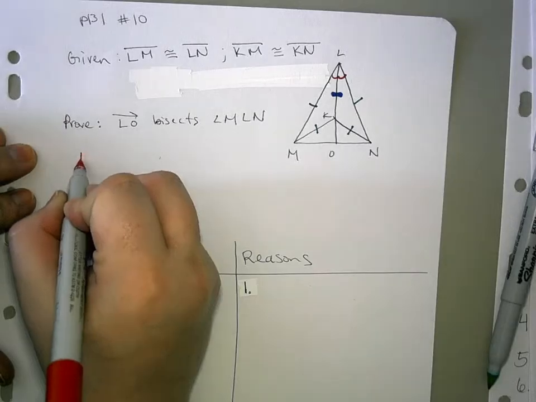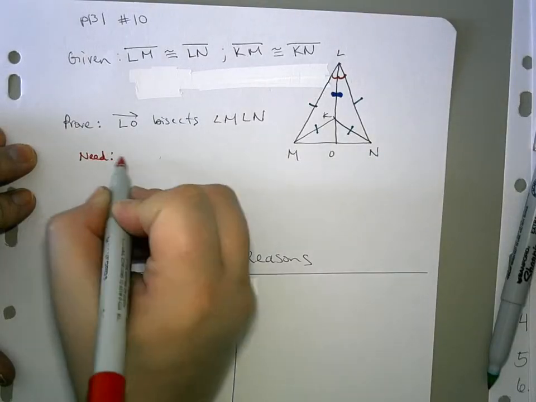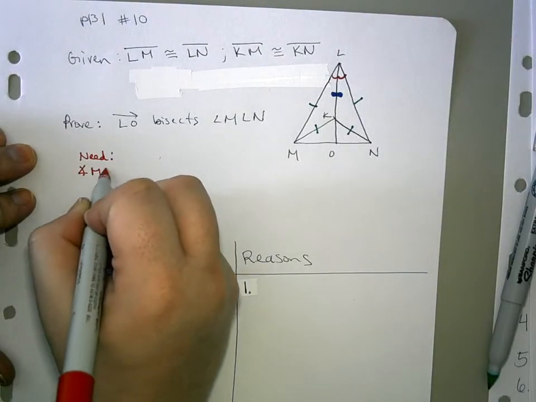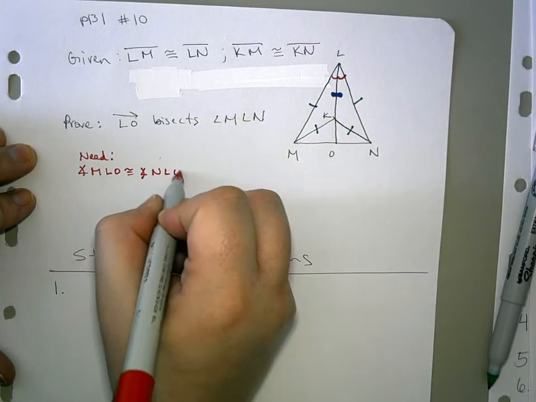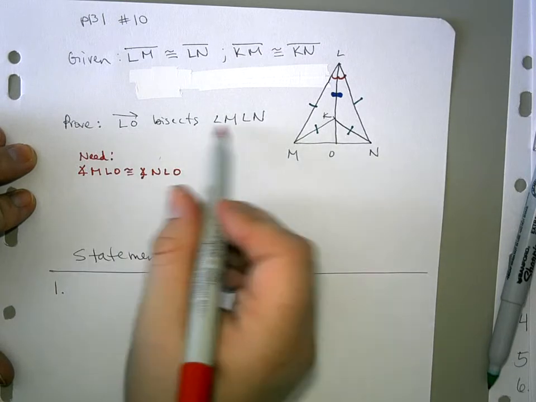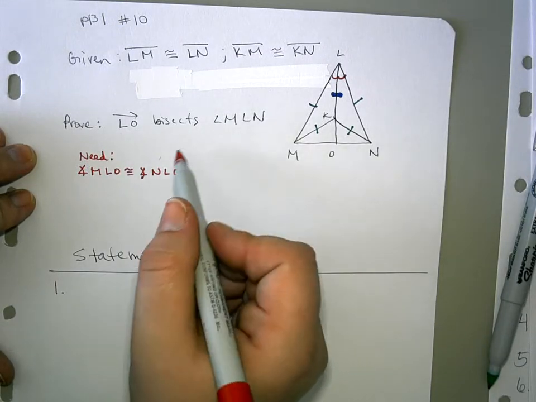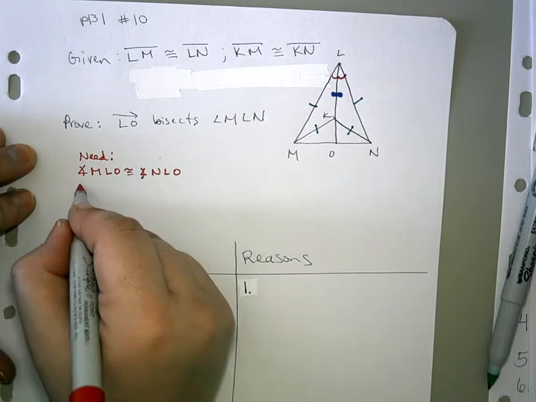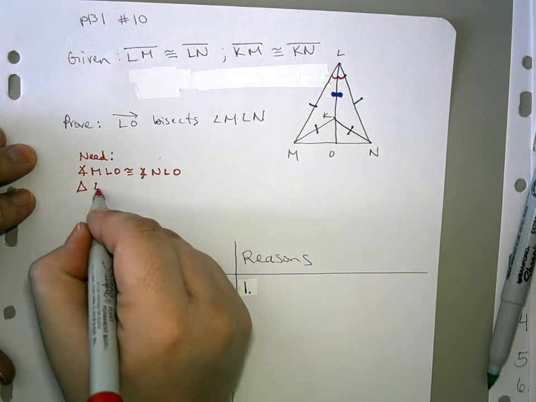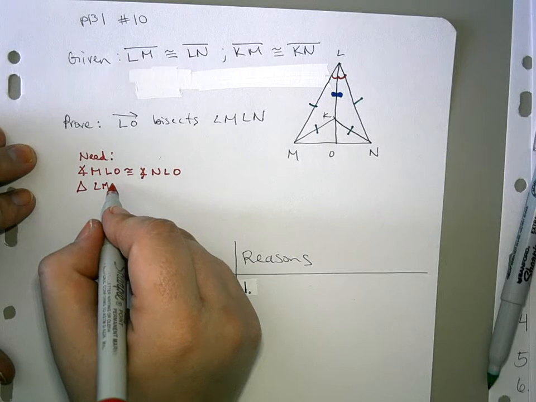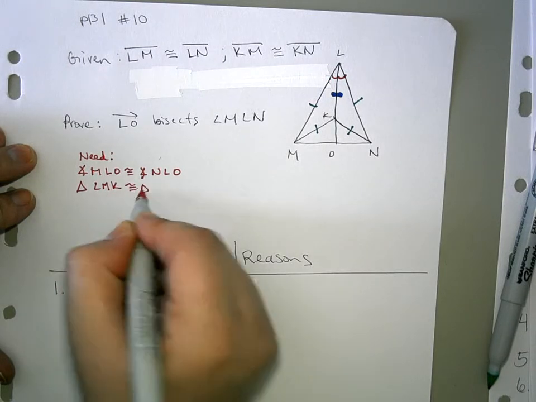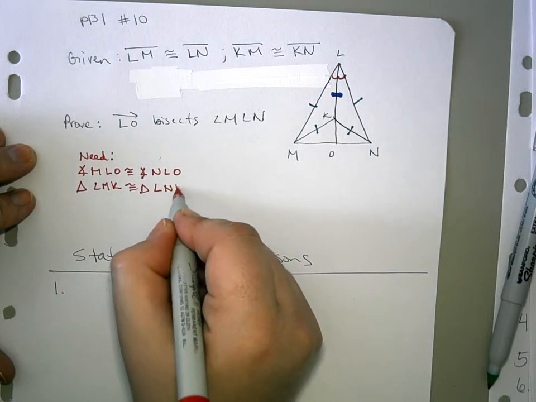We want angle MLO to be congruent to angle NLO. That's going to imply that LO bisects angle MLN. Now in order to have that, we need triangle LMK congruent to triangle LNK.